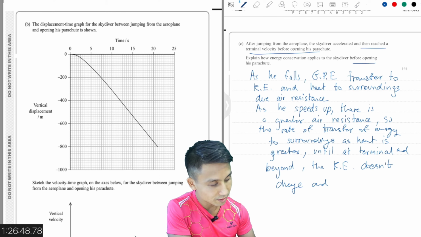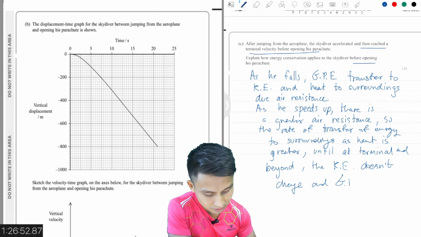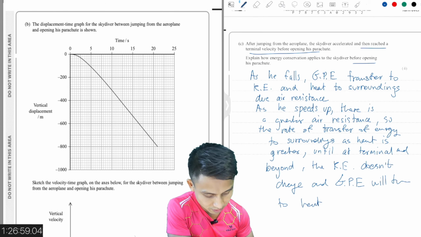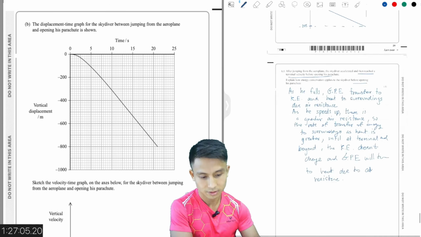So the GPE lost will transfer to heat due to air resistance. Yeah, so that would be it.